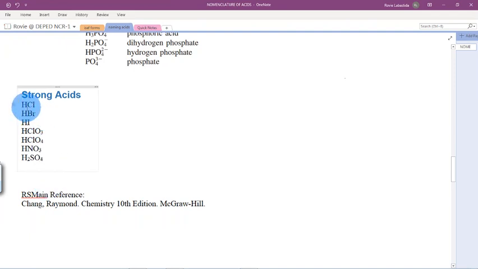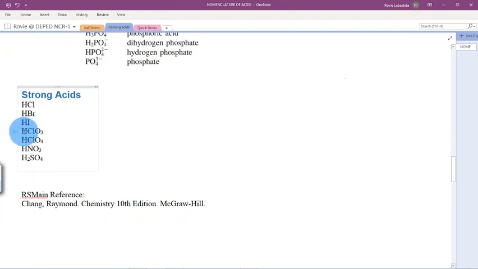What do we call this one? If you listen to what I discussed, since there is no oxygen, it is hydrochloric acid. And this one, HBr, hydrobromic acid. HI, hydroiodic acid. Now, we have HClO3. I asked you to memorize this one.